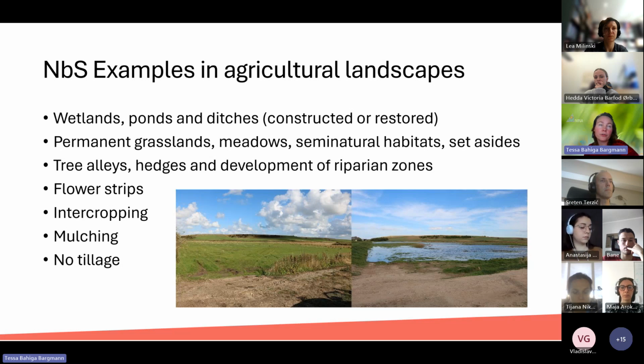So for example, you can create wetlands and ponds, ditches, either restore them around your agriculture area or in your agricultural area, be they restored or reconstructed. You can have permanent grasslands or meadows or semi-natural habitats, which again, is one of the ones that we're going to be using in SONATA. Or for example, hedges or things that are on the boundaries of the fields, or flower strips, again, that's also in the boundary, or within the field, that will be things like intercropping, mulching, or no tillage.